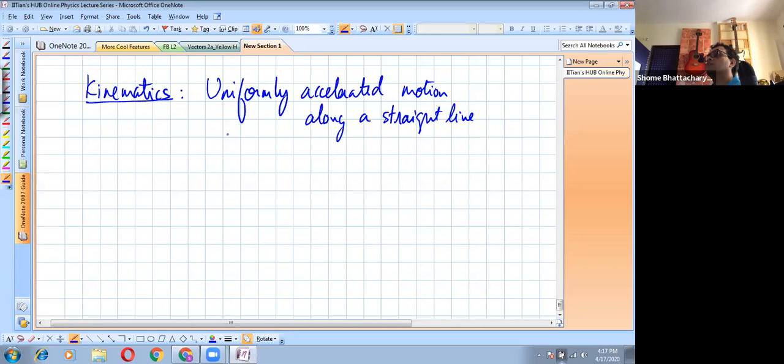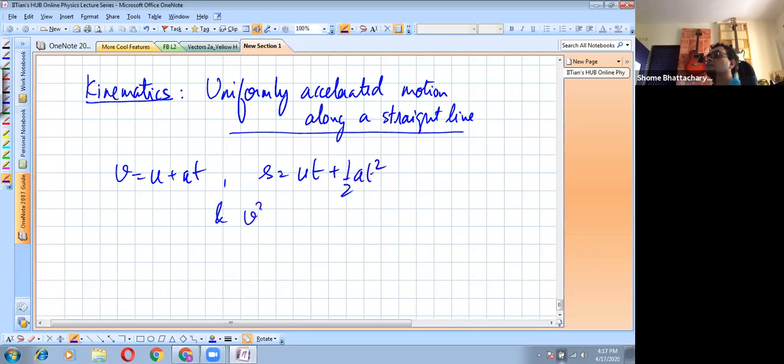Okay. So first of all, we are going to understand the three equations: v = u + at, s = ut + (1/2)at², and v² = u² + 2as. But we are going to understand them in context of what is the logic behind these equations.